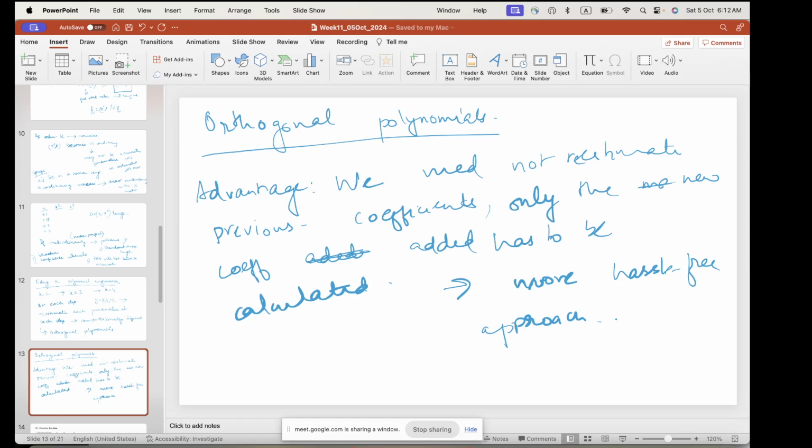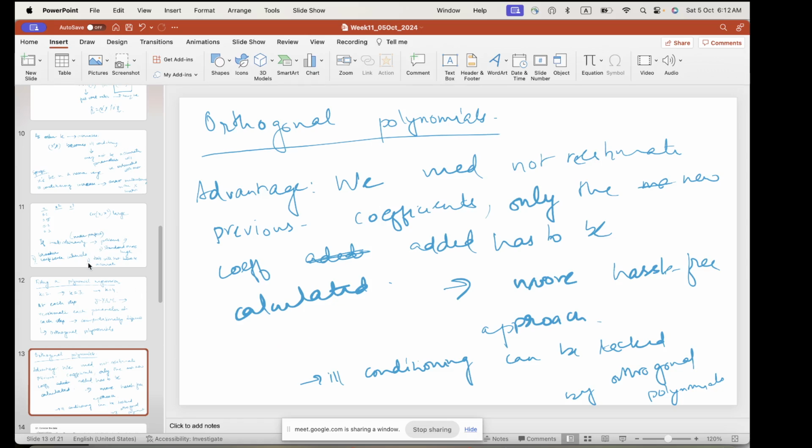And also, to some extent, ill conditioning can be tackled in some scenarios by orthogonal polynomials as well. Okay.